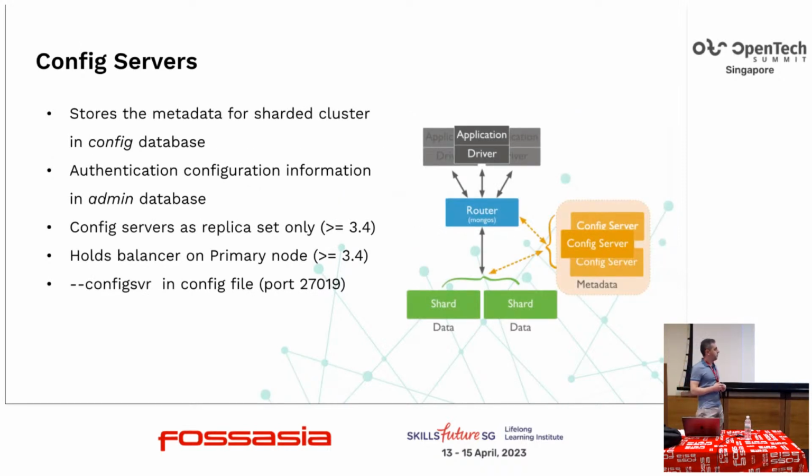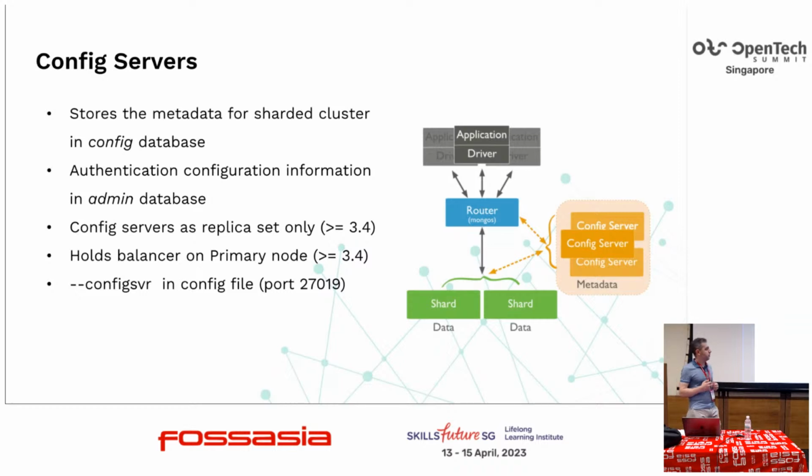And the config servers are just the metadata of the cluster, where when we decide to shard, that is where all the information is stored: what documents, where they exist, and how the MongoS will route the queries to the shards to get the result.